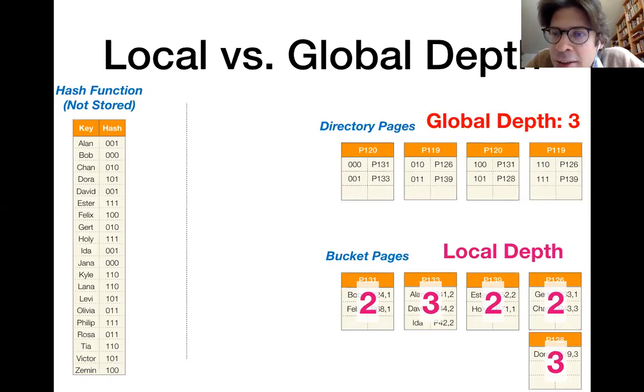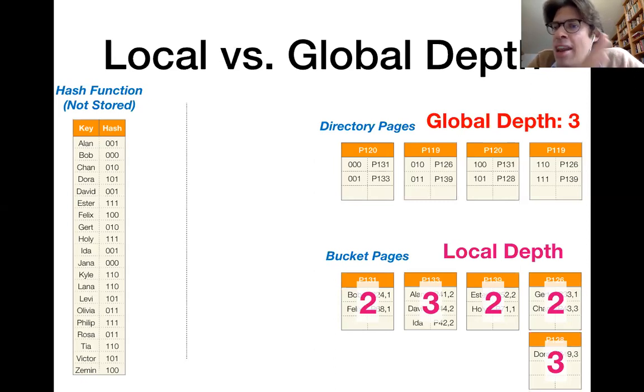I actually just spotted that we have multiple directory pages with the same page ID, which should not be. So you should have different pages, of course. That's a little typo. But we see that we have a page number 131 linked to twice in the directory, once for the hash values 000 and once for the hash values 100.